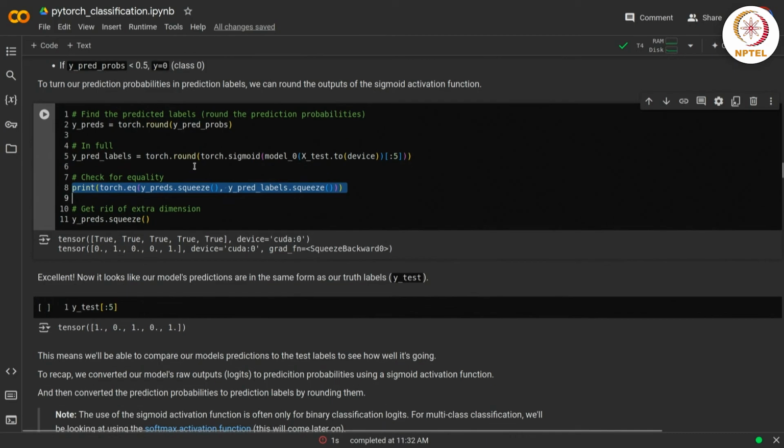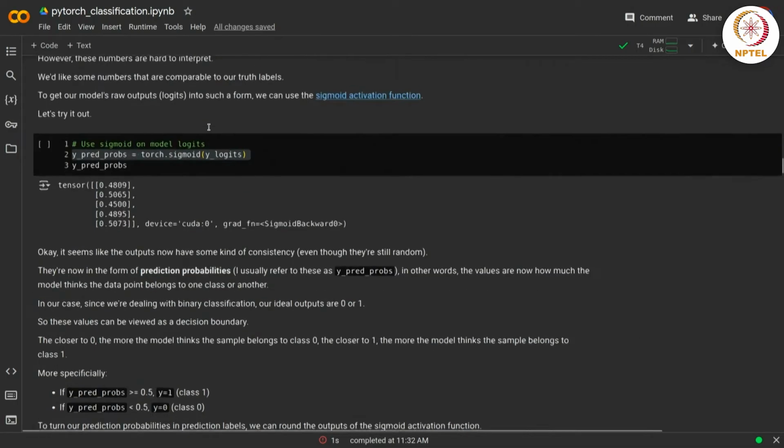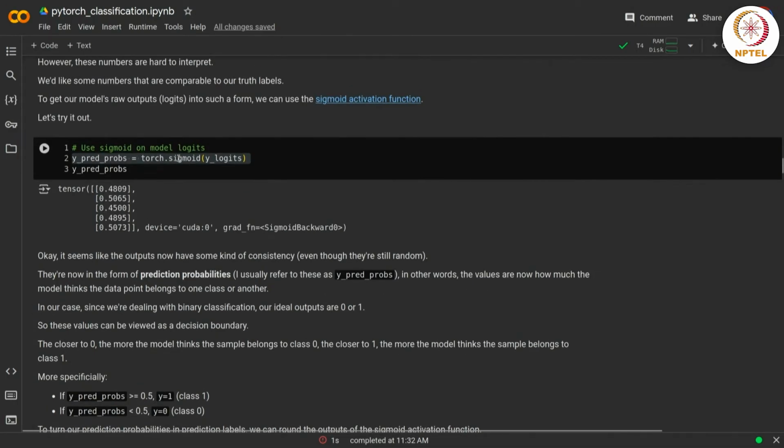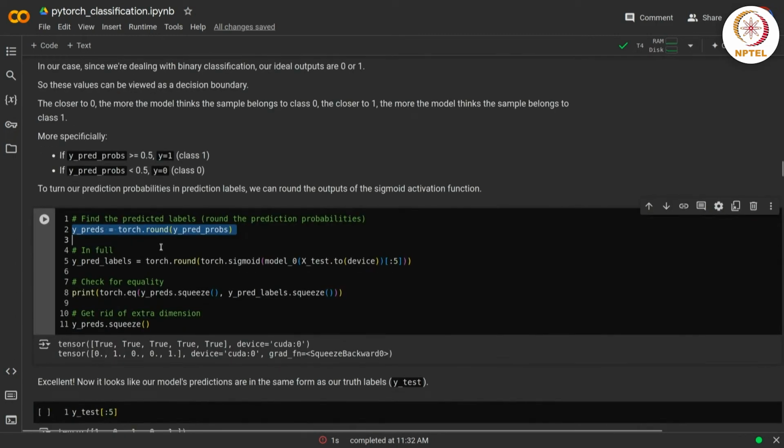So here the ypreds is basically a rounded value of ypred probs. ypred probs was the output of the sigmoid function, and if you do rounding off, it would make it either 1 or 0. You can also do, let's say, torch.round, and this is the whole thing that is happening. So if you unroll this ypred into what its value was, it is torch.round followed by torch.sigmoid of the model outputs, right?